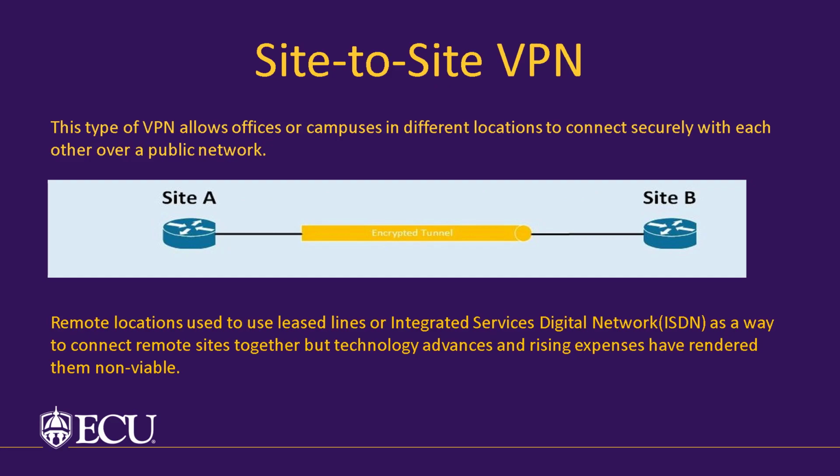Next, we'll delve into the site-to-site VPN, and this type of VPN allows offices or campuses in different locations to connect securely with each other over a public network, as you can see in the demonstration.